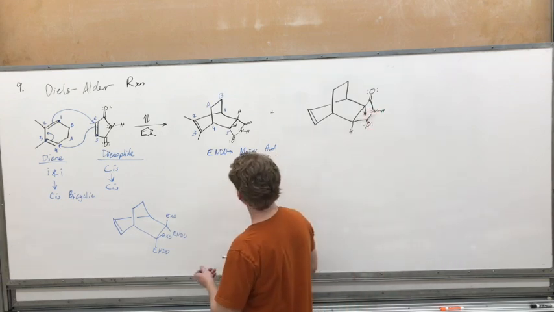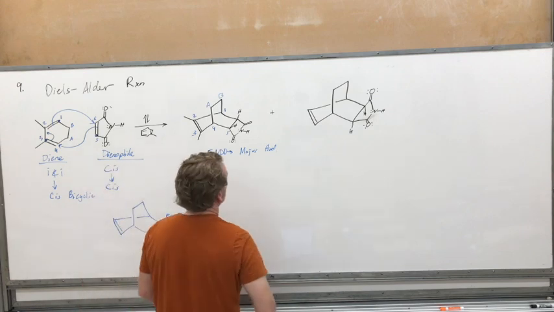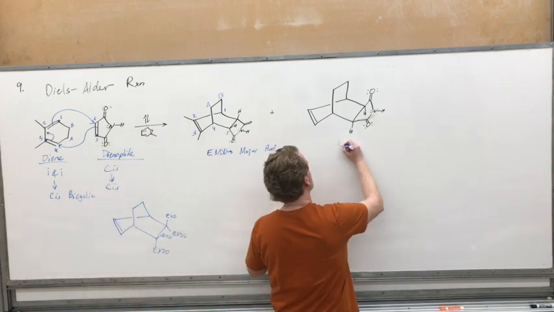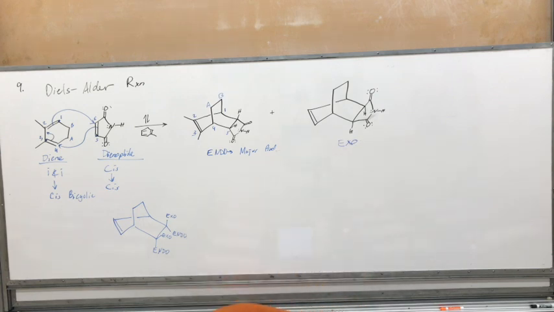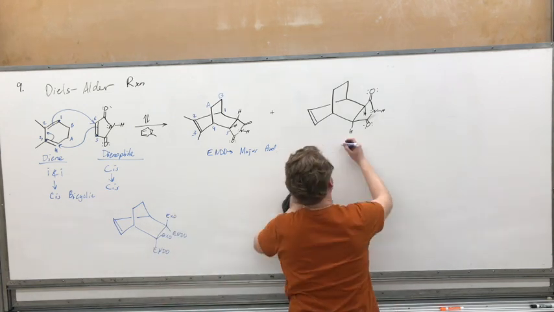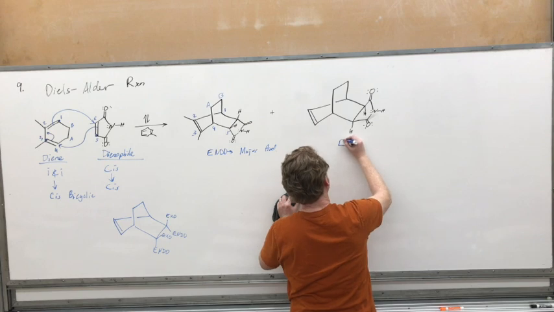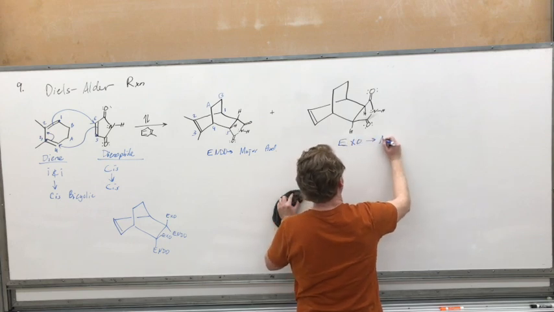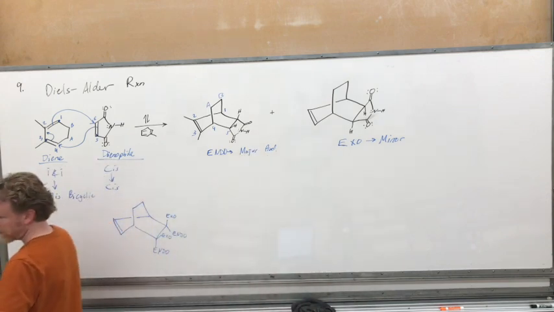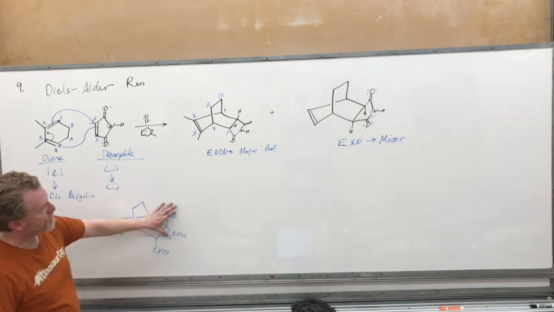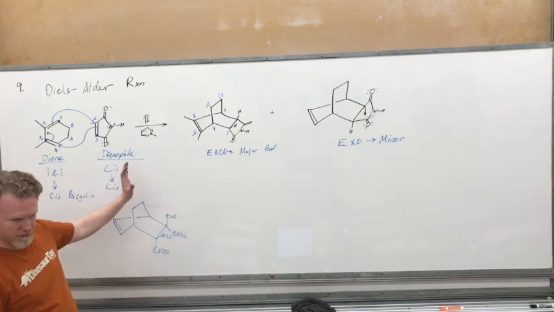There we go. And that one would be the exo product. And that's the minor. It's exo because the 2 non-hydrogen groups are pointing upward.